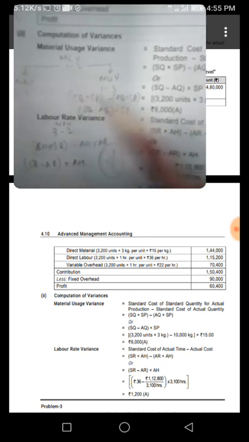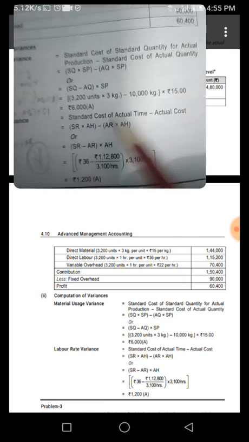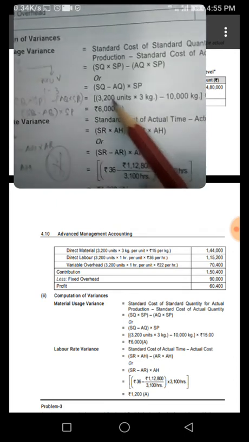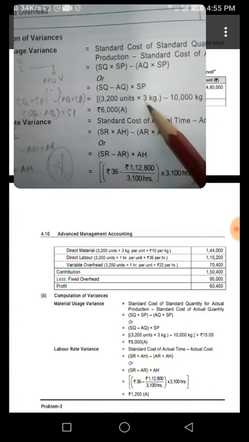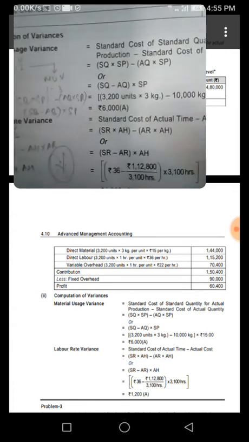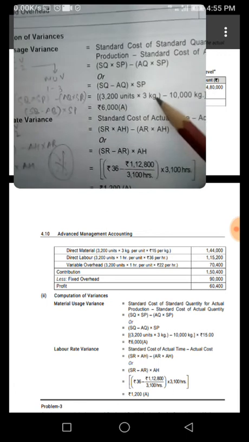So how many units are produced? 3,200 units are produced, right? And for each unit 3 kg we have to use, that is the standard we have fixed. So 3,200 units into 3 kg is the standard.